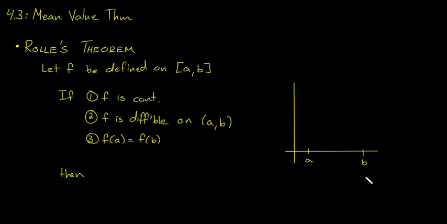I'm going with one that has just a little bit of bend to it, maybe kind of curvy. Is this function meeting those criteria? It's differentiable. It's continuous. And what's true about f of a and f of b? They're equal. This meets those criteria.